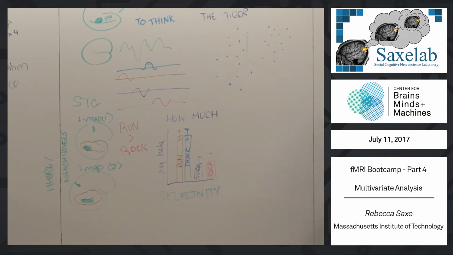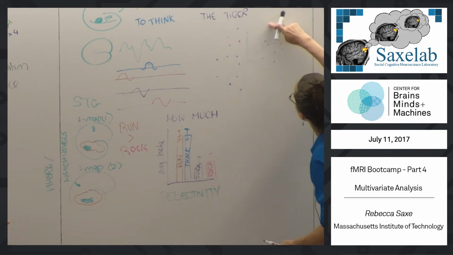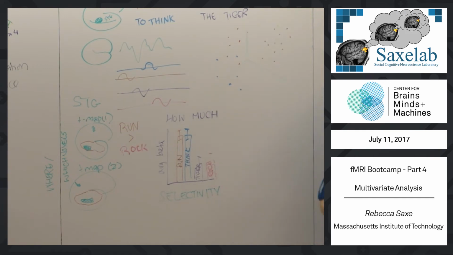And so what Marina did in this case, actually, just leave one out, with 7 beta values per subject. She drew 2 classification boundaries. The best guess classification between rocks and tigers, and the best guess classification between running and thinking.